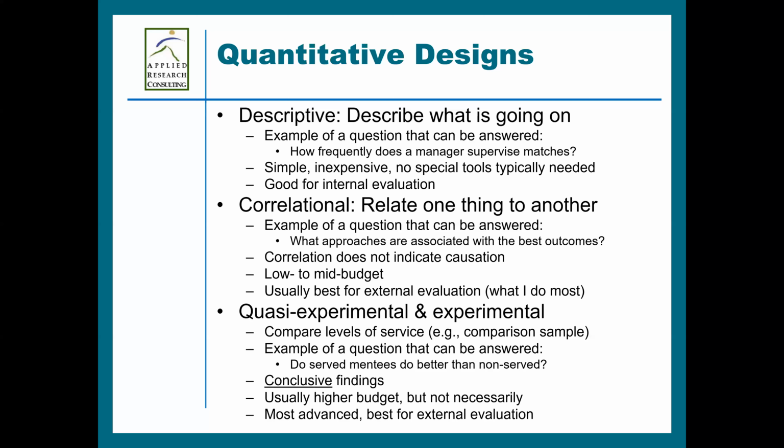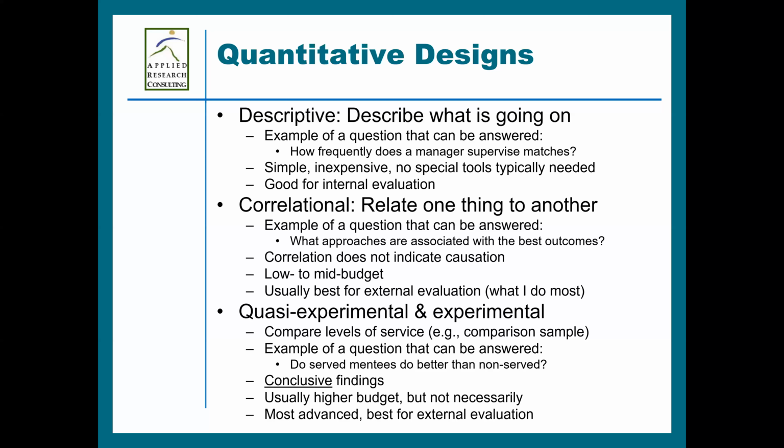When you do those types of approaches, you can conclude that the mentoring is responsible for the outcomes that you're seeing, and say with much greater confidence how those outcomes are being achieved.